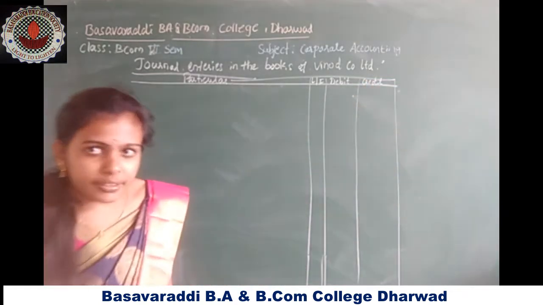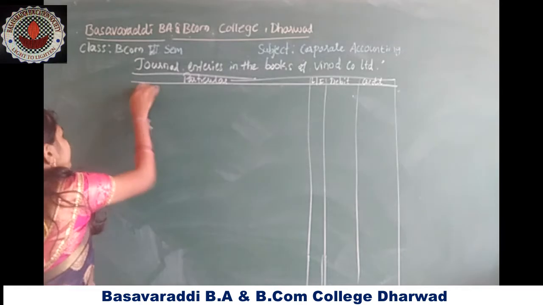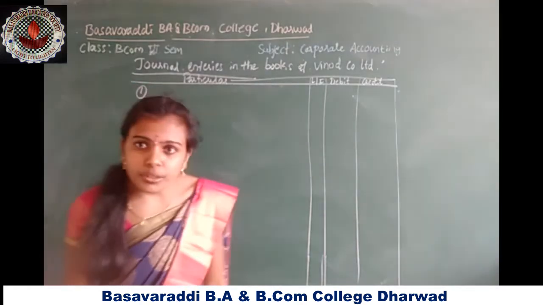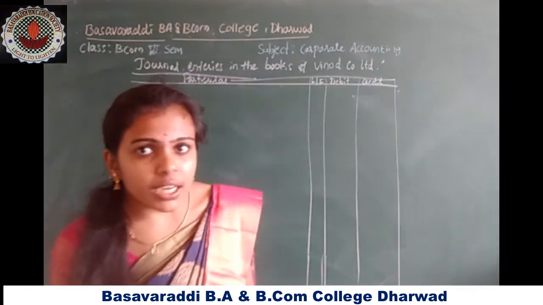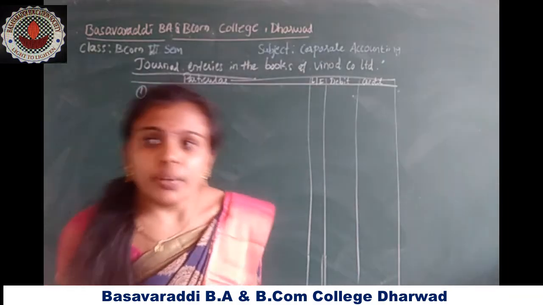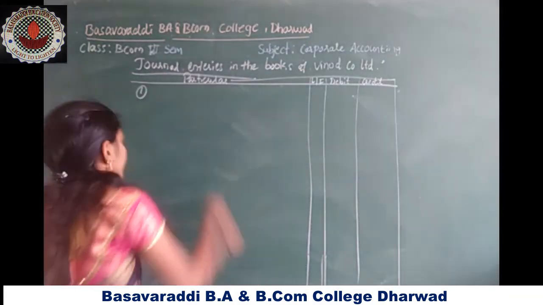and credit. Now first, preferential capital account debited, equity share capital account debited to capital reduction account.